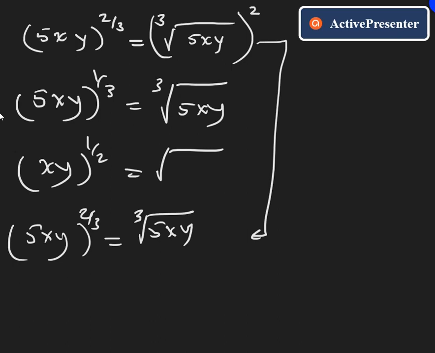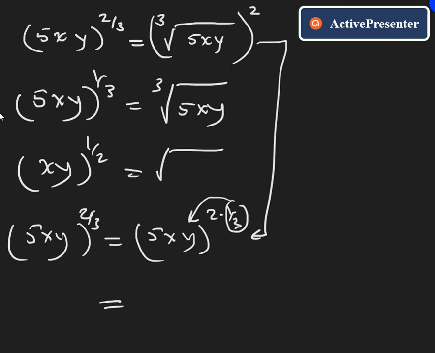Okay, because it is over 3 here. Let me write it again in a simpler form. So this is equal to 5xy. You can say this is equal to 2 multiplied by 1 over 3, right? And then you take the exponent of each one here.